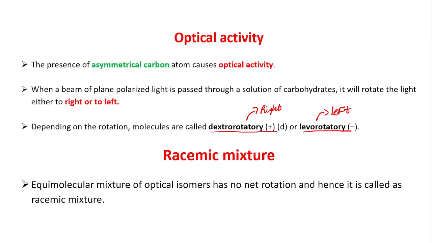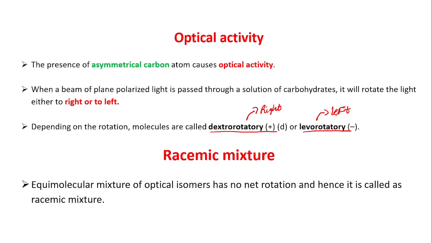Okay, optical activity is the situation where a molecule which is having an asymmetric carbon, or a chiral carbon, undergoes a rotation, and this rotation can either be to the left or to the right. When a molecule rotates to the left, it is known as levorotatory, and it's normally negative.